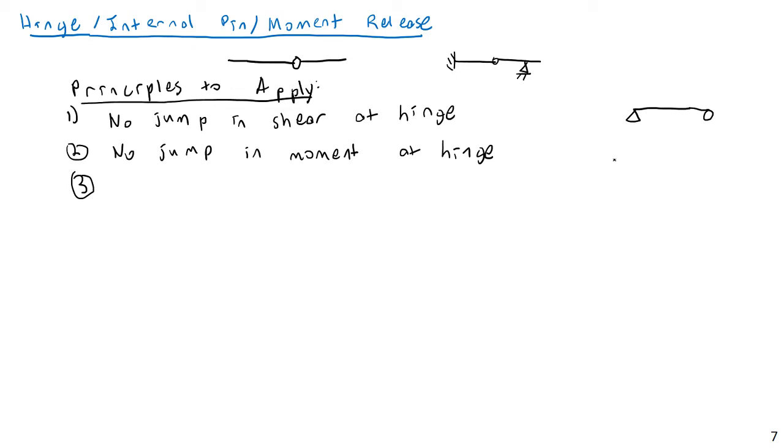And really the same thing will hold true here. We know that the moment is going to equal 0 at a hinge. So that's really the third thing: the moment must equal 0 at a hinge.